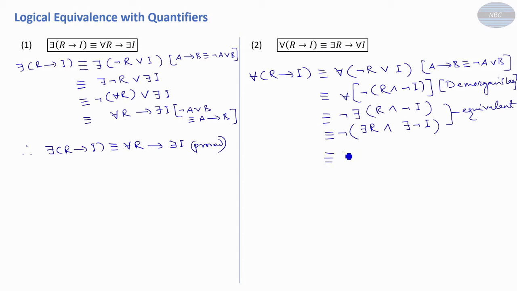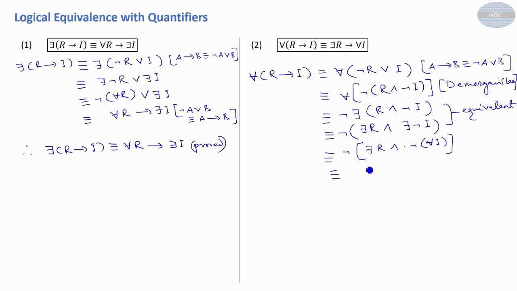we have, let me take out this negation, so it will become a universal quantifier. Let me write it like this, for all x, for all y, in the square bracket in this way.